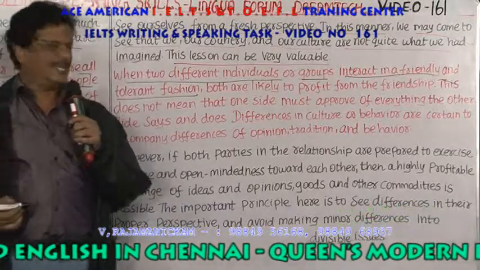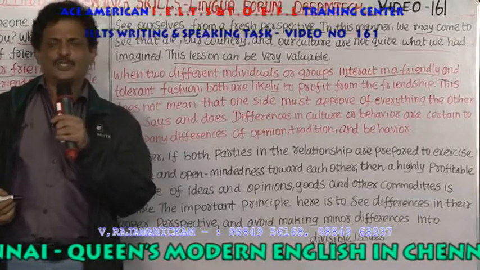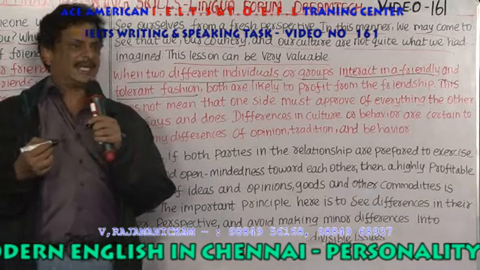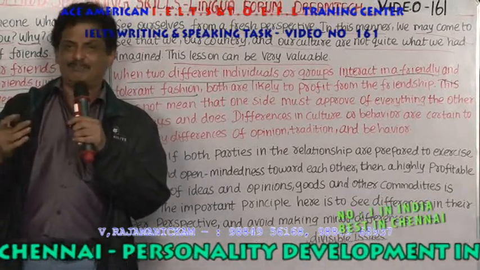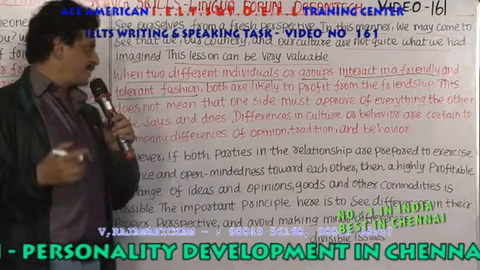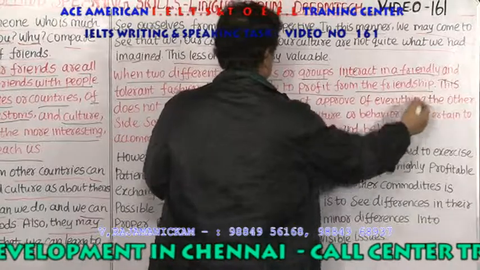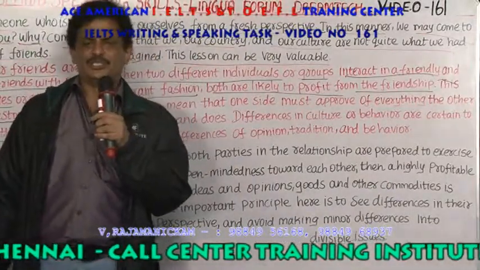Okay, what is this? See, you belong to India and he belongs to maybe Germany. So when you interact with each other, you become tolerant and he becomes tolerant. The patience develops. You both are likely to profit from the friendship. So he is a stranger to you and you are a stranger to him.